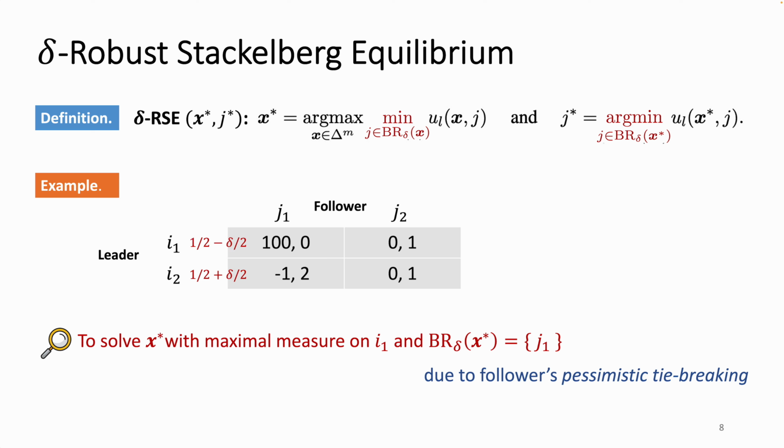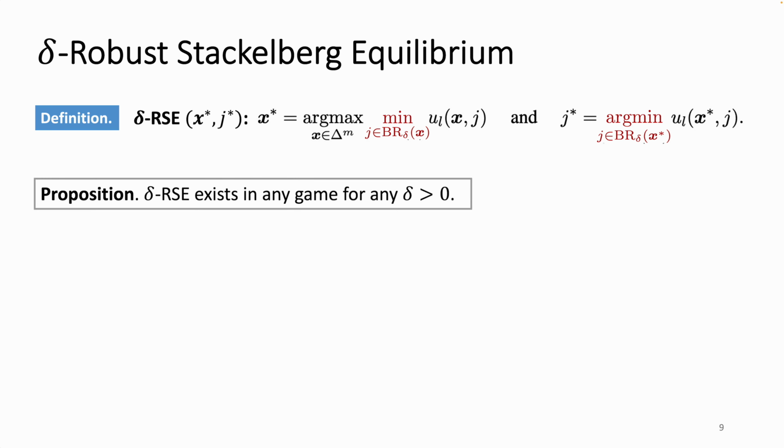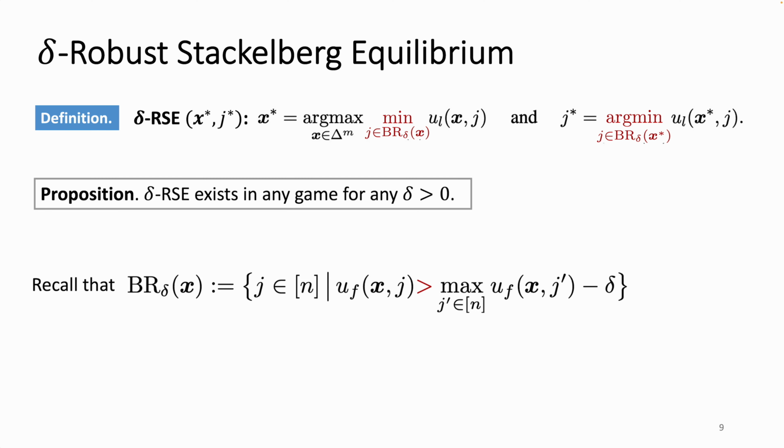And it turns out that we can compute X star here, which is to take I1 with probability slightly less than 1/2, and I2 with probability slightly more than 1/2. We also want to remark that under this definition, the delta RSE exists in any game for any delta greater than 0. This is due to a careful definition of the delta best response set.